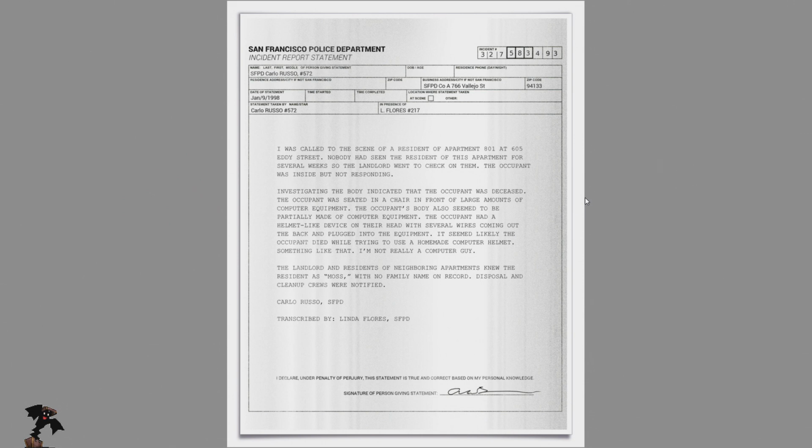The occupant had a helmet-like device on their head with several wires coming out the back and plugged into the equipment. The occupant died while trying to use a homemade computer helmet. Something like that. I'm not really a computer guy. The landlord and residents of the neighboring apartments knew the resident as Moss, with no family name on record. Disposal and cleanup crews were notified. Carlo Russo, SFPD. Transcribed by Linda Flores, SFPD.